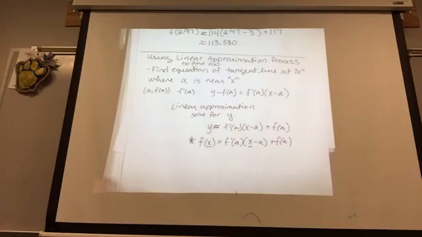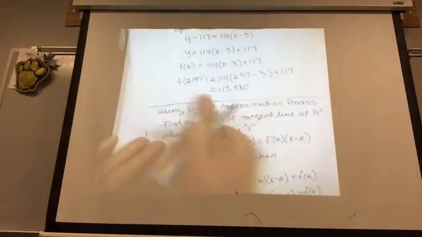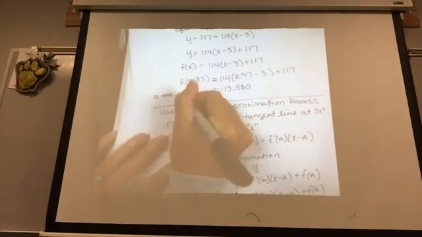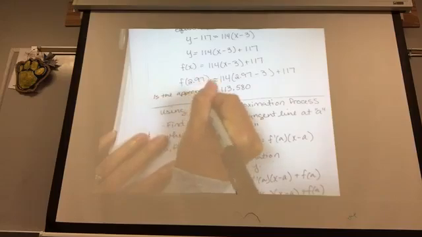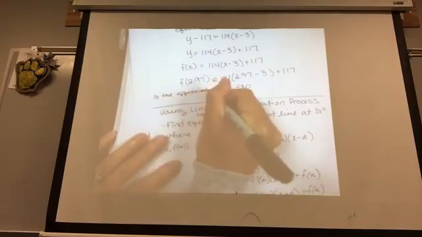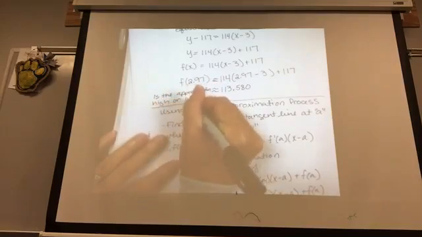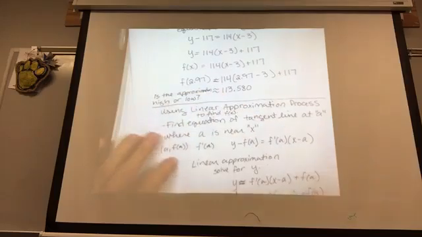Yes, and we'll do one more example. We can also describe our approximation as being high or low, and we use that tangent line to describe it. So in our example, is the approximation high or low? And how do we know it's low?